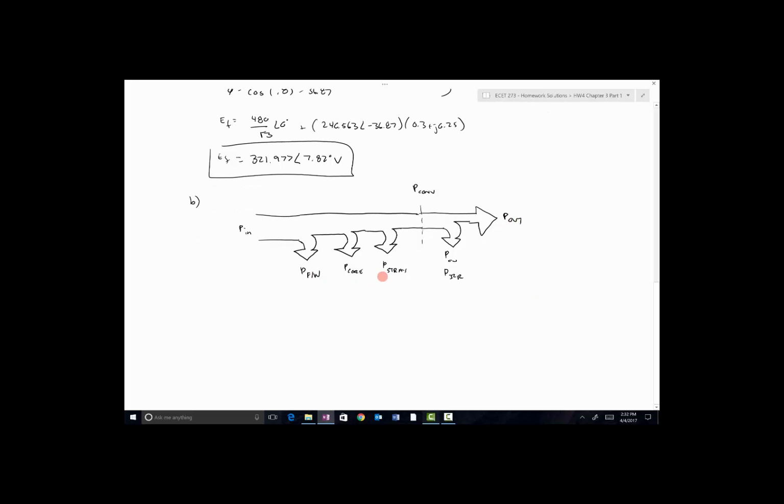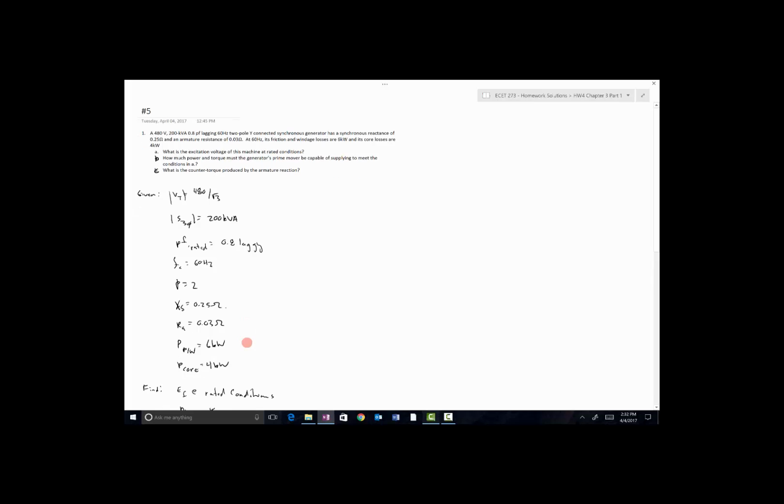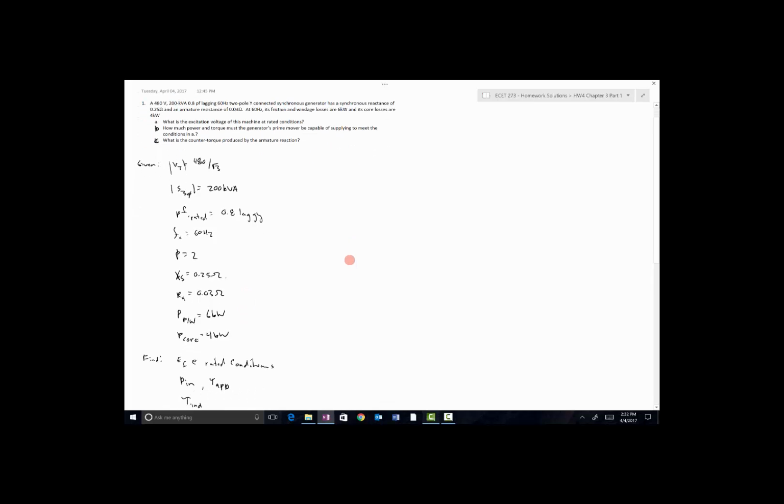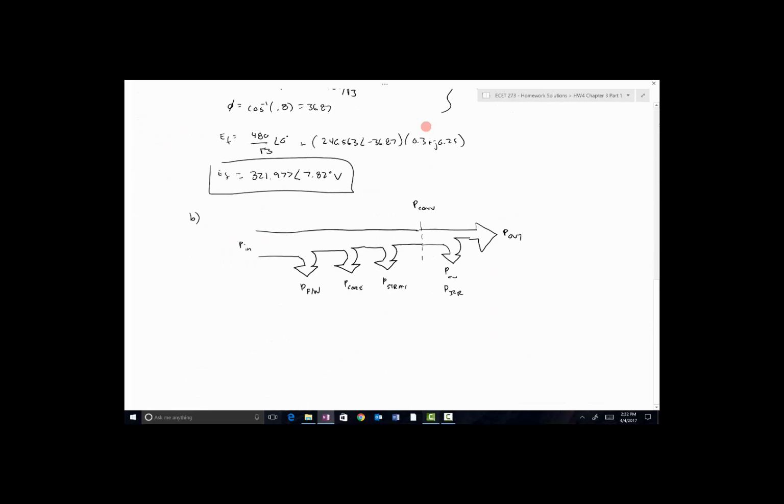So these values were given to you in the problem statement as, well, let's look, 6 kilowatts and 4 kilowatts. We're going to assume that stray loss is 0 kilowatts since it wasn't given in the problem statement. If we want to know P_in, we can just add 6 kilowatts, 4 kilowatts, 0 kilowatts, I squared R, and P out. But we need to have values for these two to be able to do that.